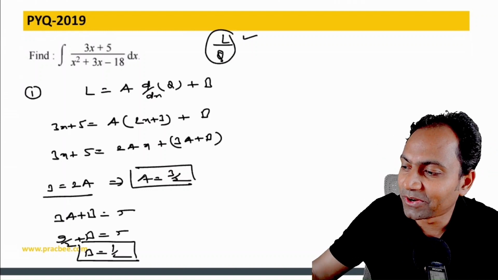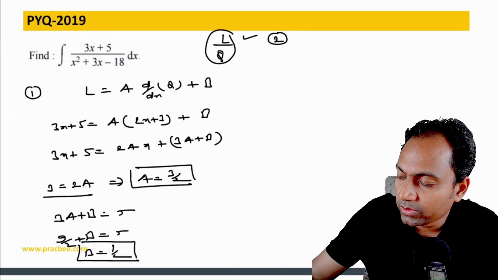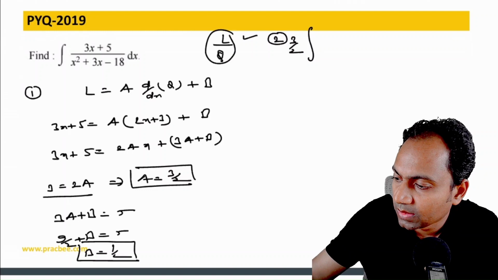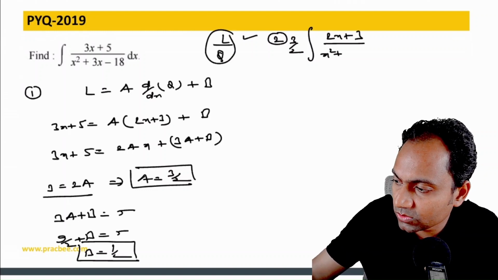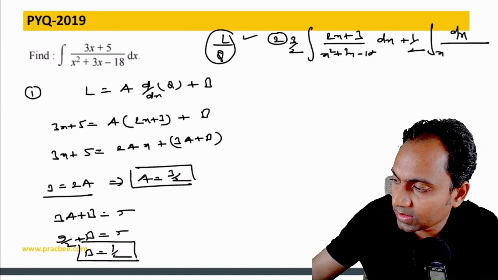If I move forward in the next step, we are going to put the values. So a is nothing but 3 by 2, and the derivative of the denominator, that is 2x plus 3, by x square plus 3x minus 18. And the second part becomes nothing but plus 1 by 2 integration of dx by x square plus 3x minus 18.